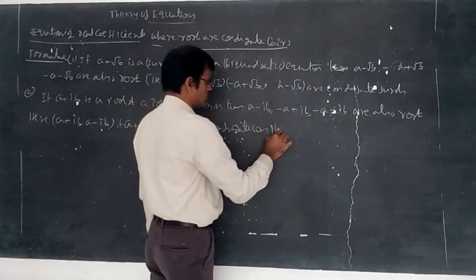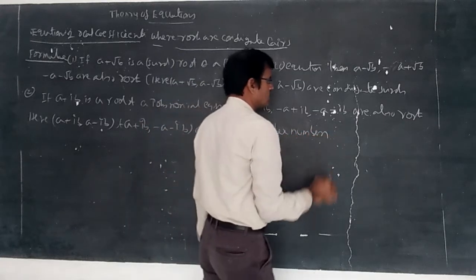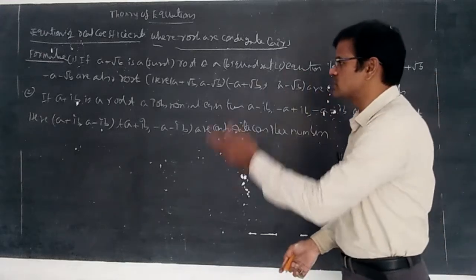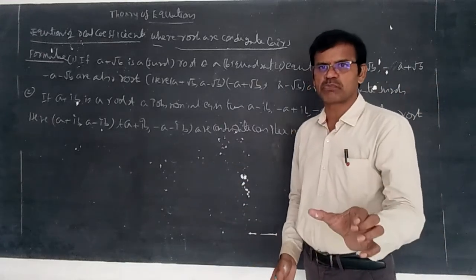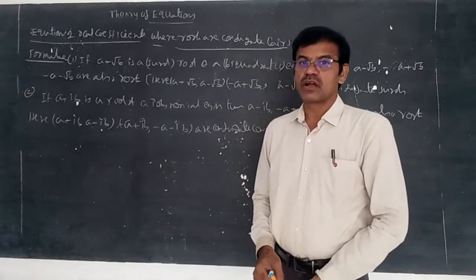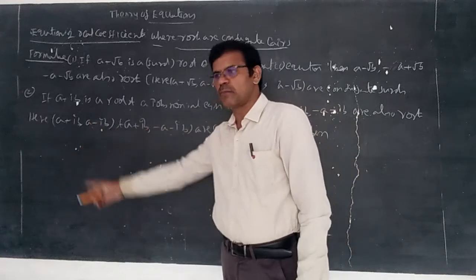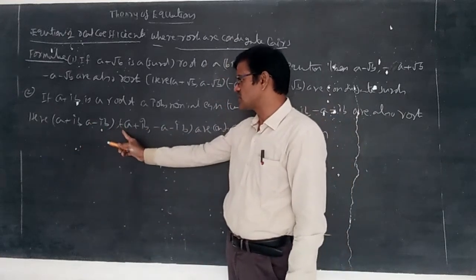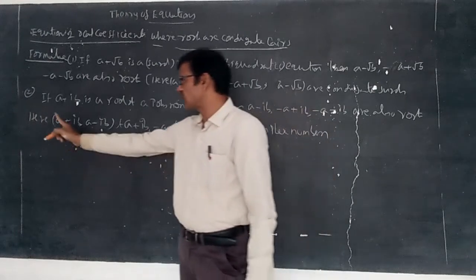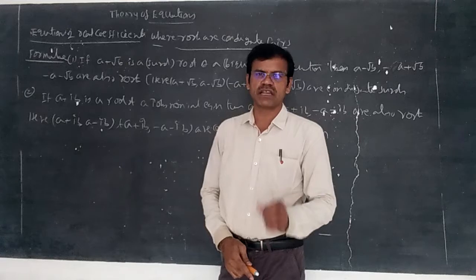So separately I am discussing that a plus ib and a minus ib is a conjugate pair, and minus a plus ib and minus a minus ib is a conjugate pair. Conjugate means you can understand it is only for the imaginary part. So this is minus a, this should be minus a. Here plus and minus will be changed. Here plus a, here also plus a. Plus and minus will be changed at the imaginary part.